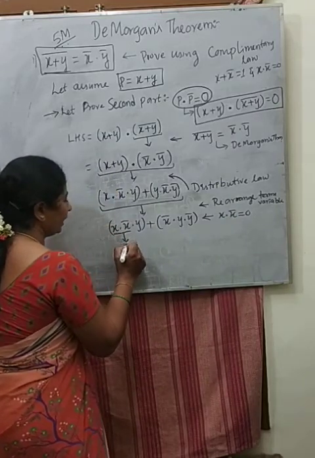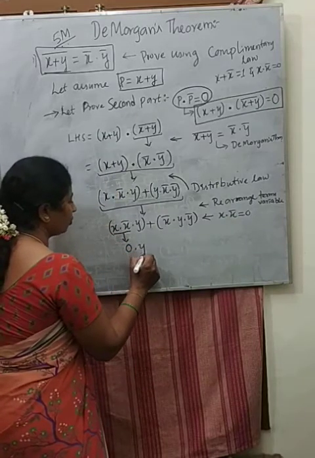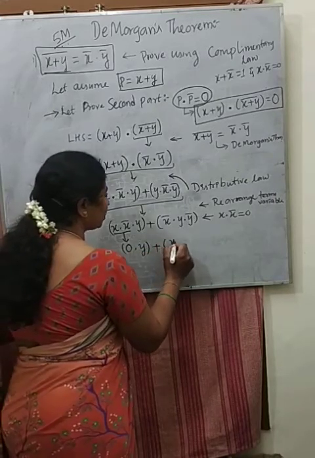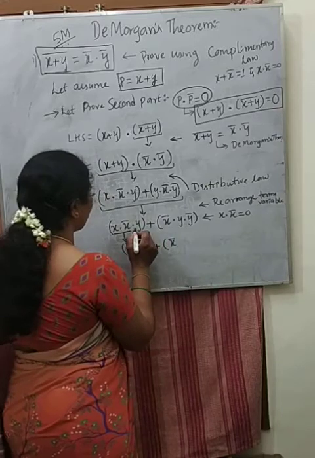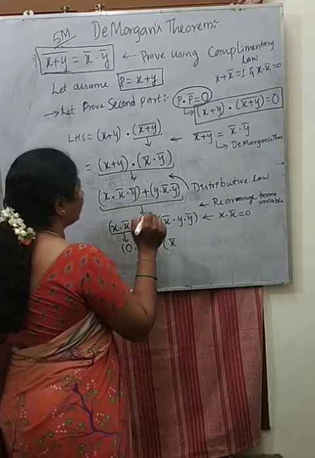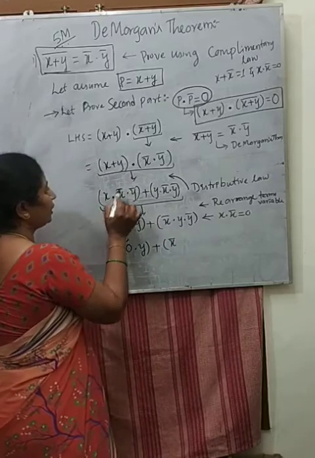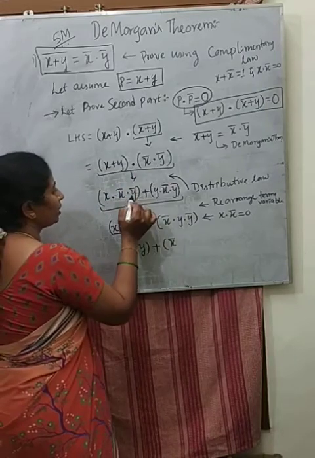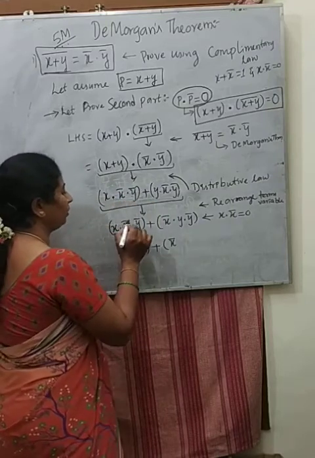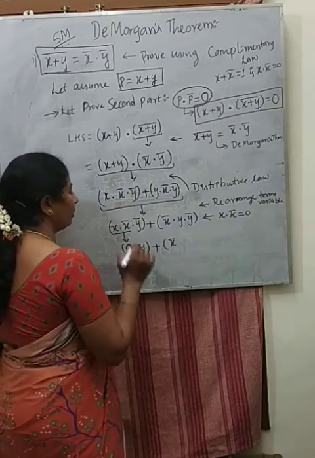So this you will get as 0 into y plus x complement, x into x complement into y complement. Here I have missed the y complement. Please copy down. So here it is complement.